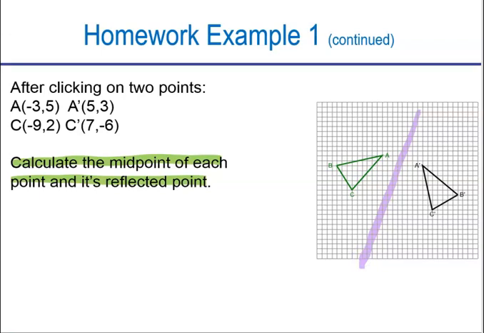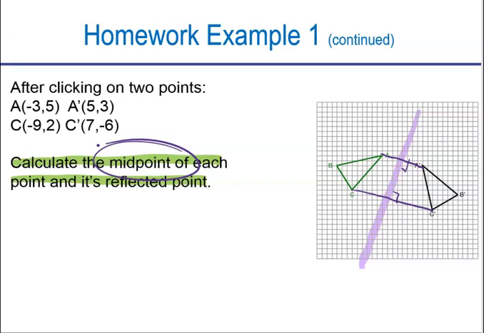Remember that the reflected line is here, but what I'm trying to say is if you connect A and A primed, the reflected line is a perpendicular bisector of that. If I connect C and C primed, then the reflected line has to meet perpendicular, and it divides this in half.